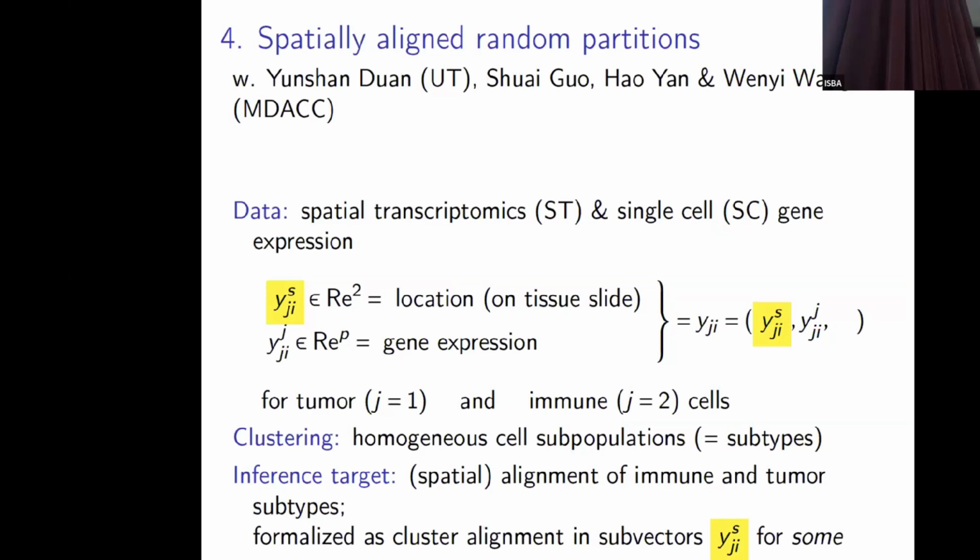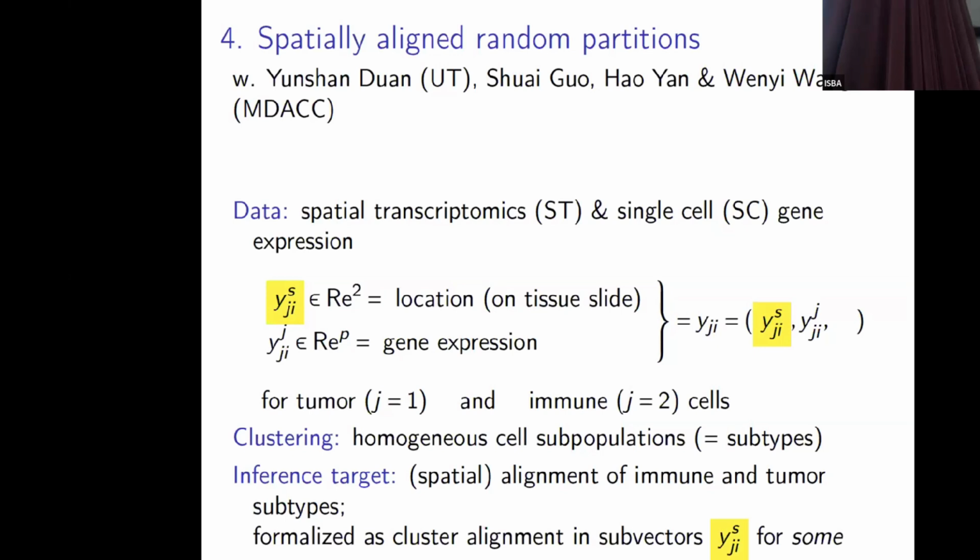And remember again from the title slide, the inference aim is we want to allow English sentences like tumor cell type A recruits immune cell type B. We want to formalize such sentences. So g equal 1 is blue tumor, g equal 2 is red immune cells. And so for cell gi, Y_gi is the gene expression features.